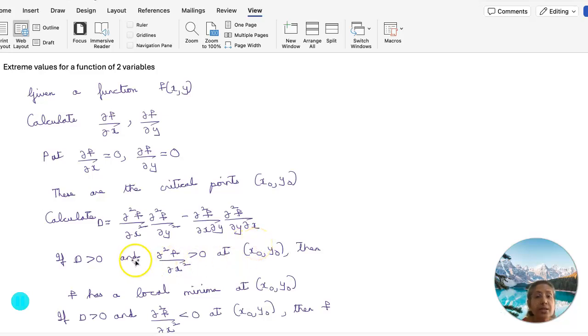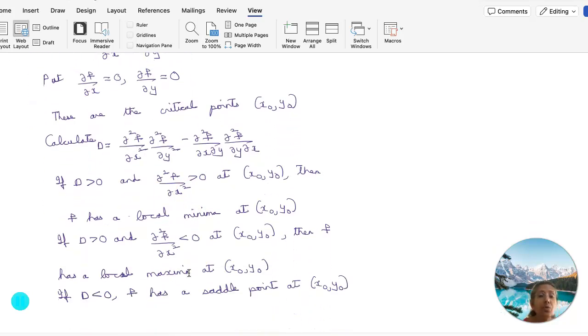If D greater than 0 and d2f by del x squared greater than 0 at x0, y0, then f has a local minima at x0, y0. So you have to check D and the second order derivative with respect to x. If D greater than 0 and d2f by del x squared less than 0 at x0, y0, then f has a local maxima at x0, y0. And if D less than 0, f has a saddle point at x0, y0.